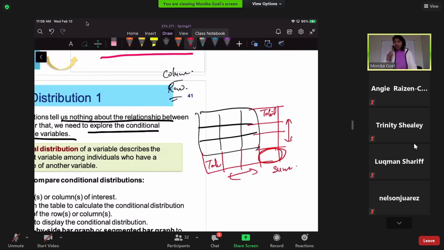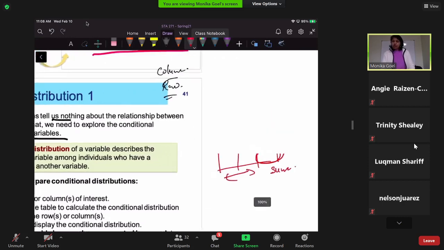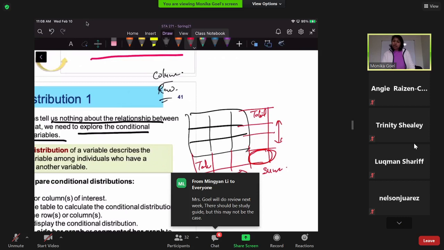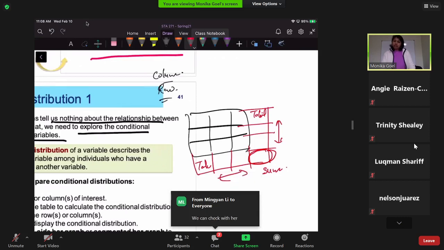So once you use a two-way table to create a marginal distribution, we just work with the extra row and extra column that we created.